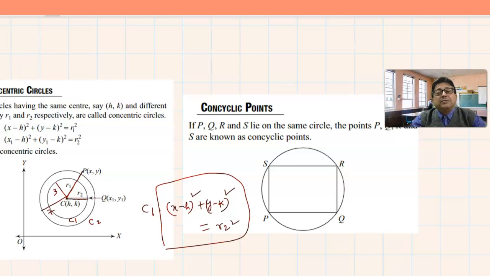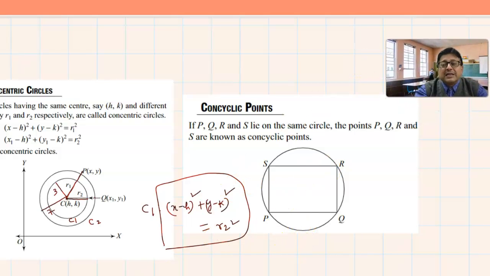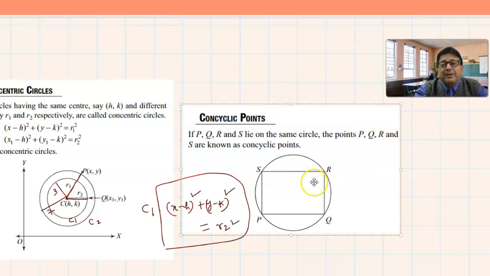Another term you need to know regarding circles is concyclic points. Under what condition will four points P, Q, R, S be concyclic? Concyclic means those four points lie on the same circle. You know, through three points, one and only one circle can be drawn.